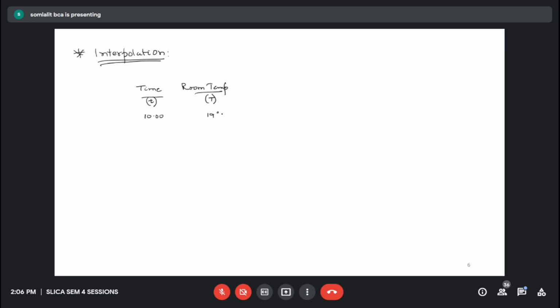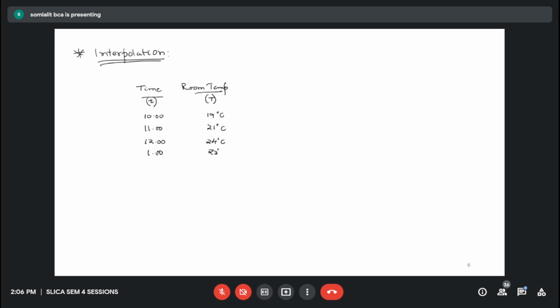At 11 o'clock, say room temperature 21 degrees Celsius. At 12 noon, let's say room temperature is 24 degrees Celsius. At 1 o'clock, again say room temperature is 23 degrees Celsius.